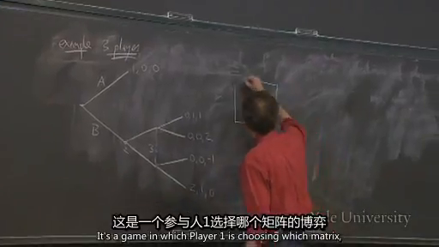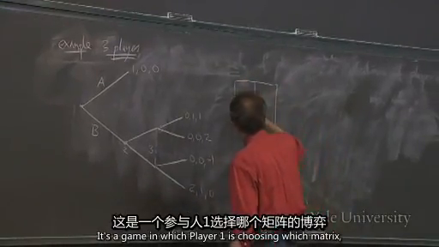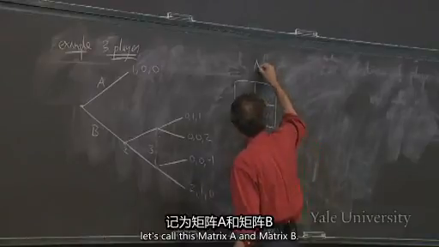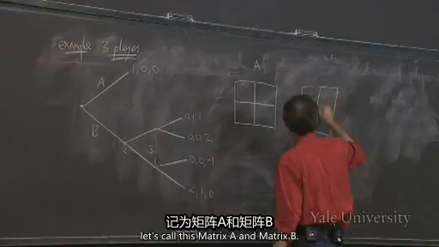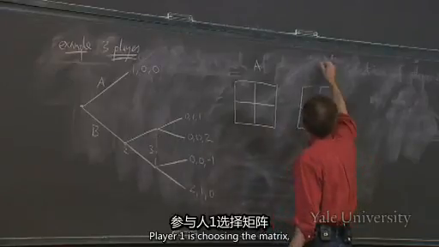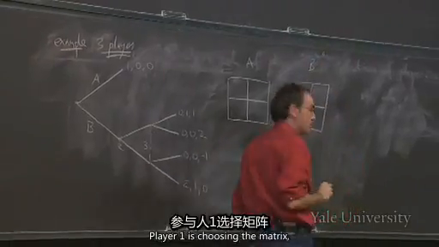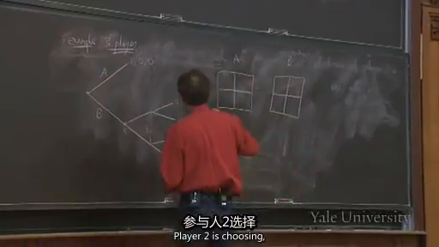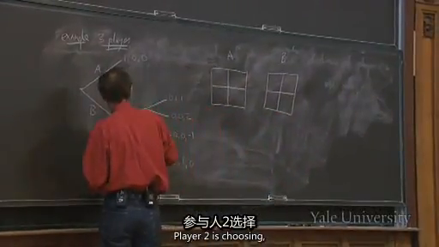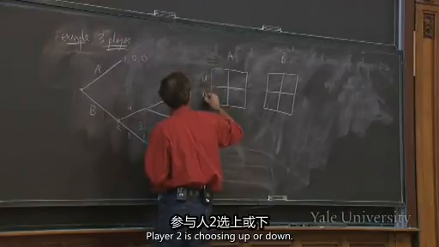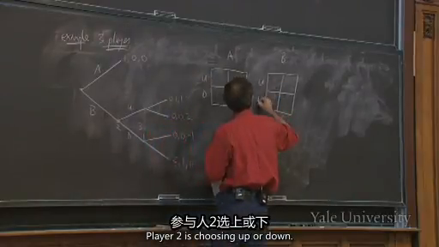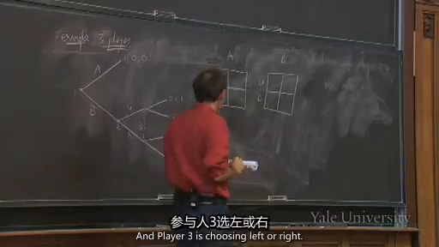It's a game in which player 1 is choosing which matrix. Let's call this matrix A and matrix B. Player 1 is choosing the matrix. Player 2 is choosing, let's call them up and down, up or down.